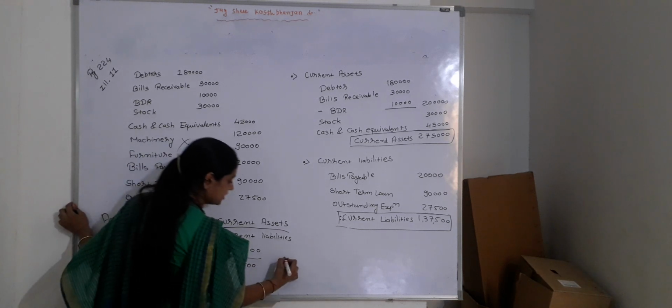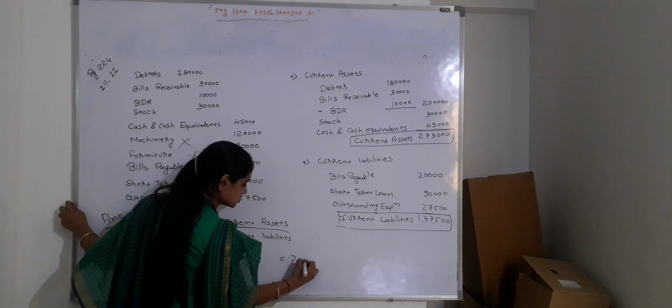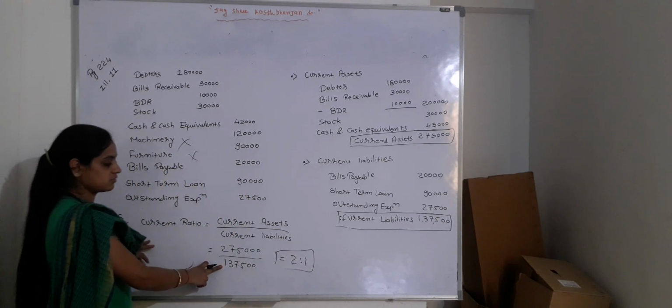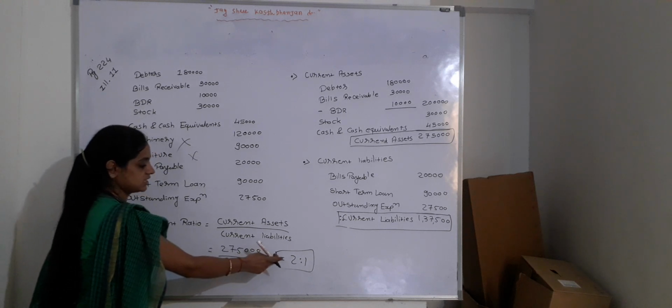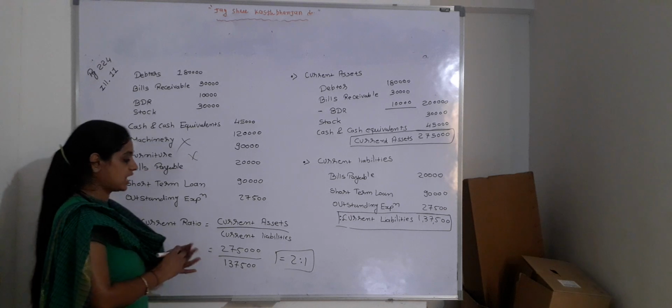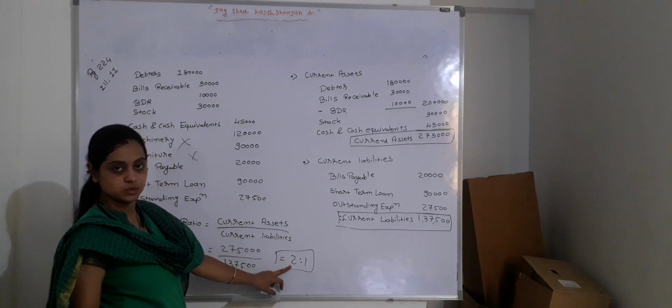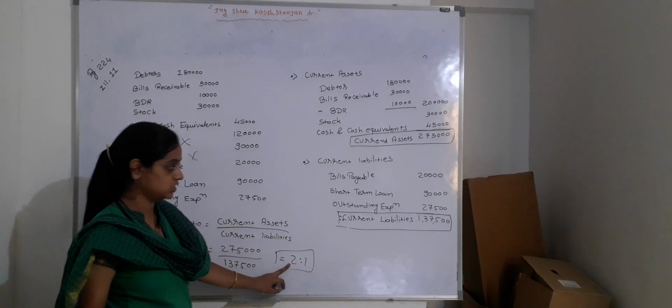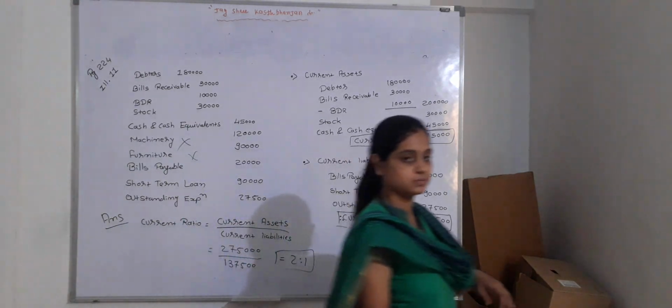And we get the answer 2:1. That means 2,75,000 divided by 1,37,500, we get the answer 2. And we have to write it down as 2:1. That means when our liabilities are 1, our assets are 2. That means our firm is in the ideal condition. Write it down.